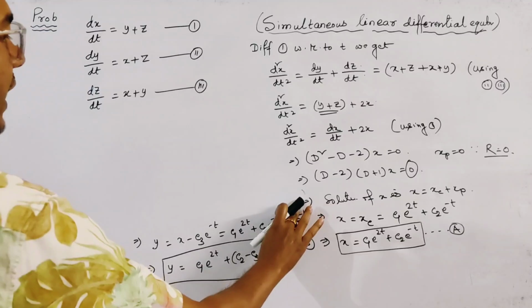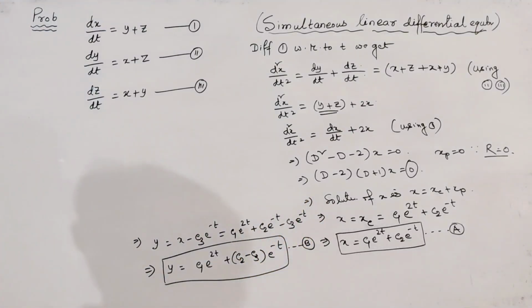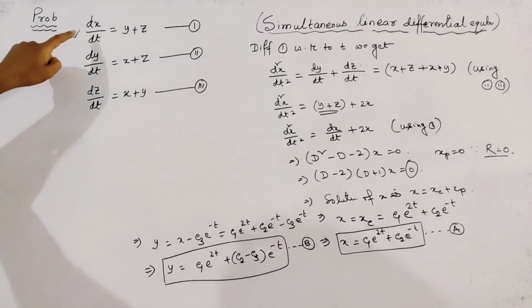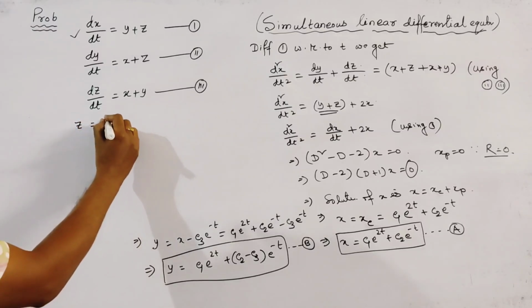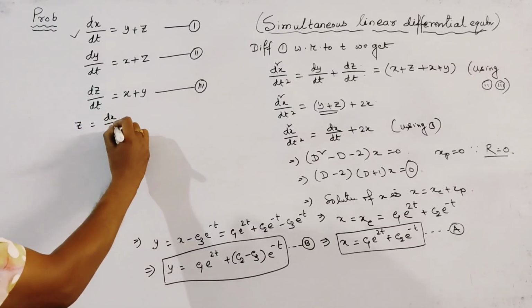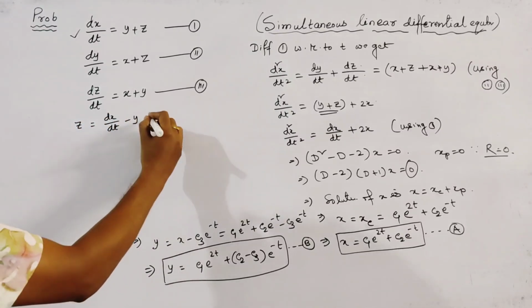For this reason we find the value of z from the first equation again. It is clear that z equals dx/dt minus y.